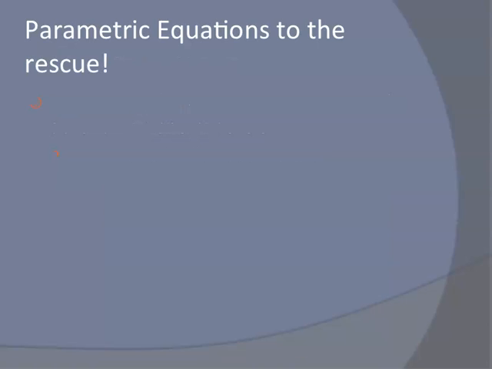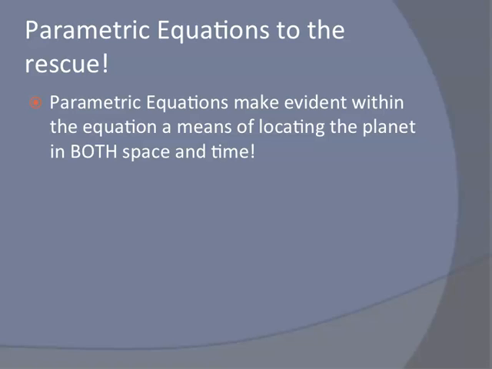But if we want to be able to give direction, we can use parametric equations so we can locate the planet in both space and time. Parametric equations are in terms of a parameter t, so at a certain time t, we can locate where the planet will be. We can say x equals this, y equals this at a certain time.